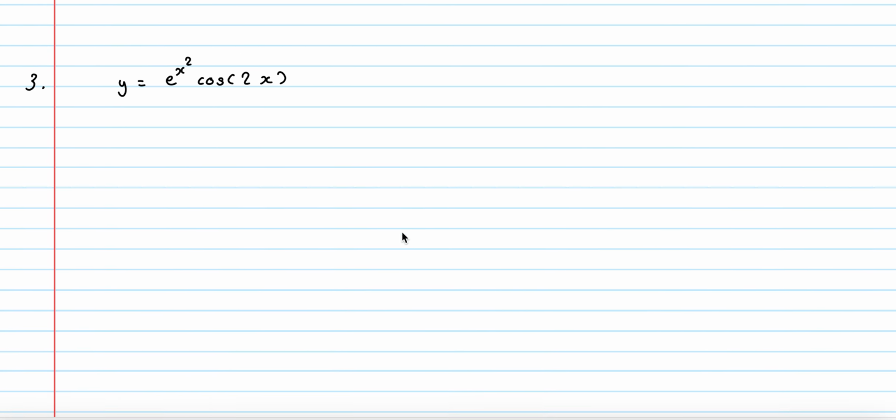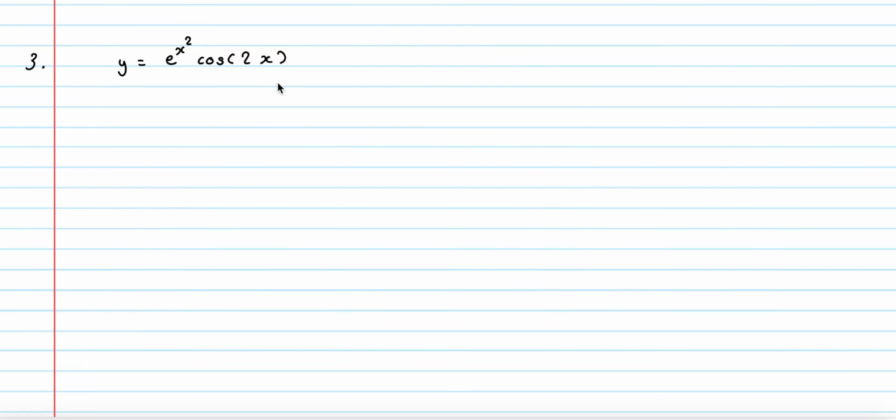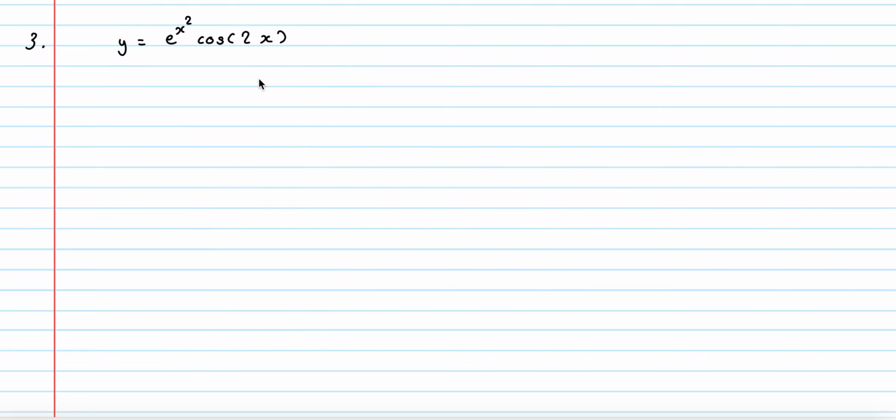This time, we have two functions of x, like e to the power x squared, and then cosine of 2x. So for this one, we also have to use the product rule in addition to the chain rule like before. So if we differentiate this, we need to apply the product rule.